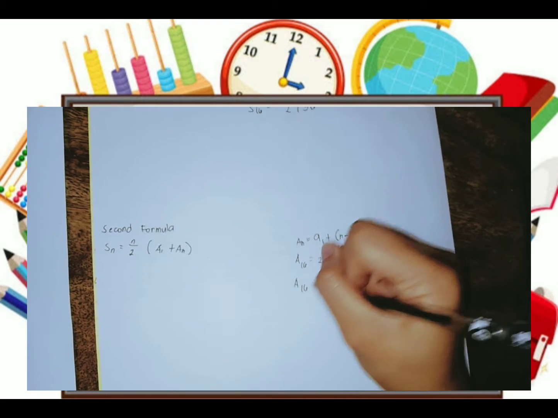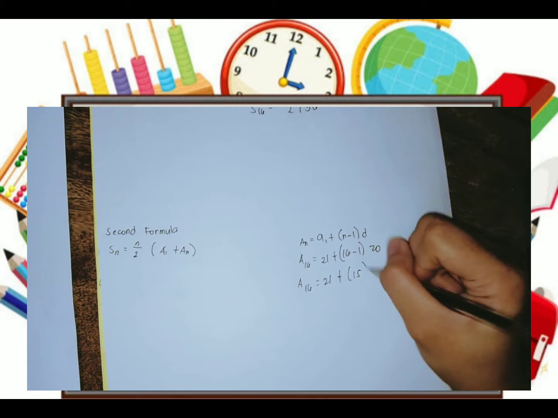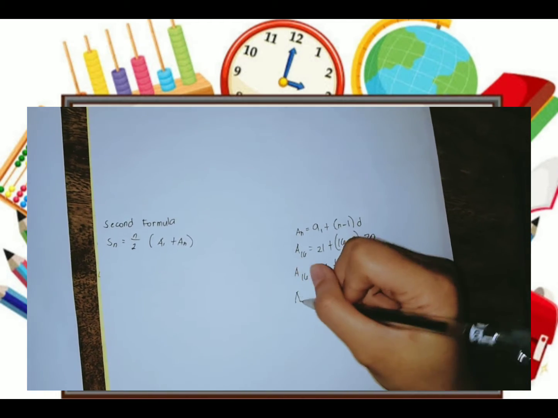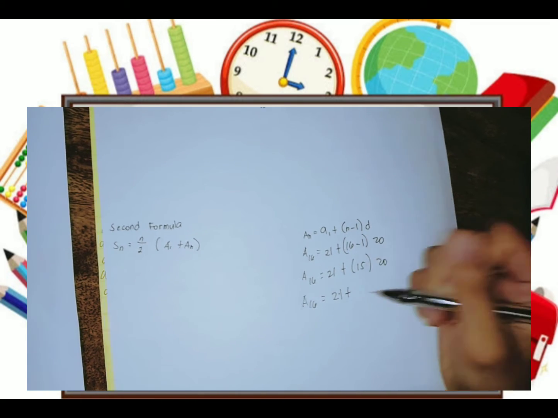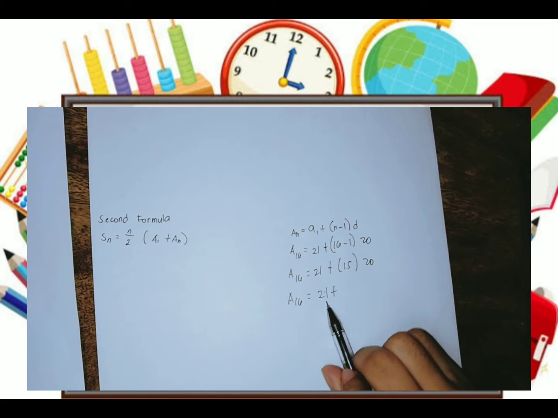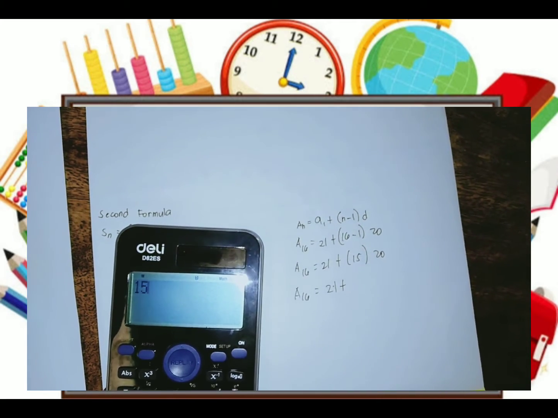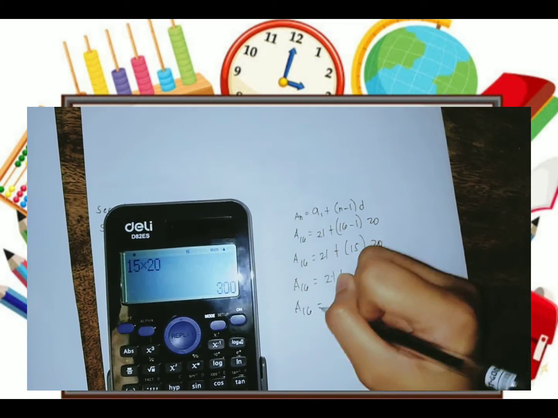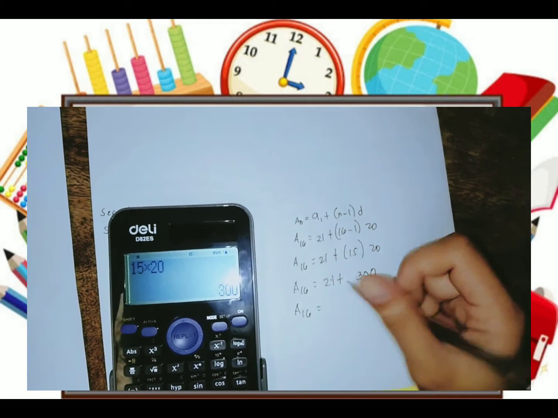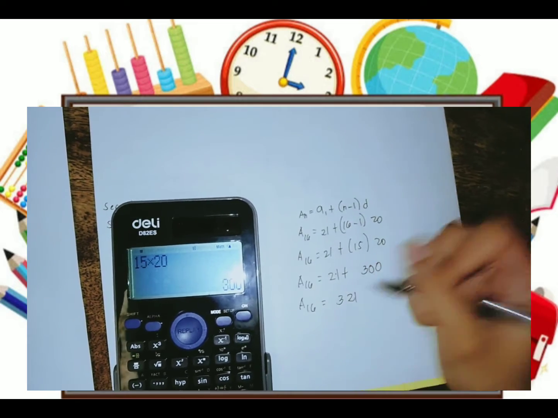So a sub 16: 21 plus 15 times 20. We multiply it first before we add to 21. 15 times 20 is equal to 300. Now we add 21 plus 300. The answer is 321.